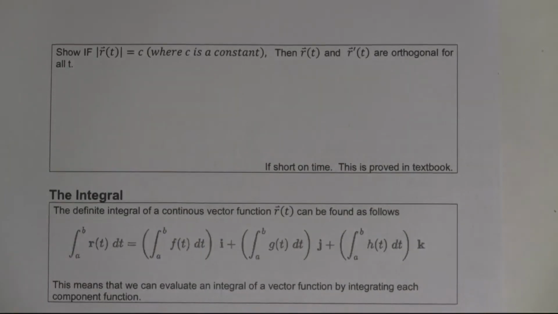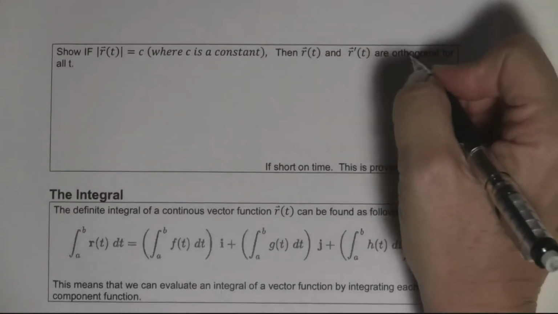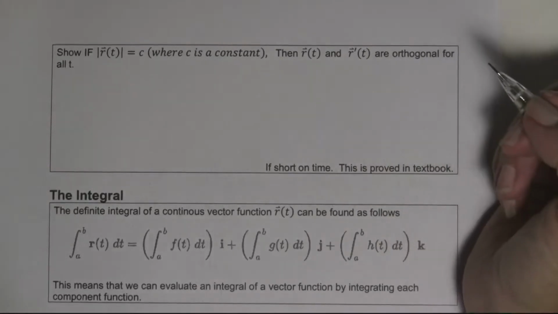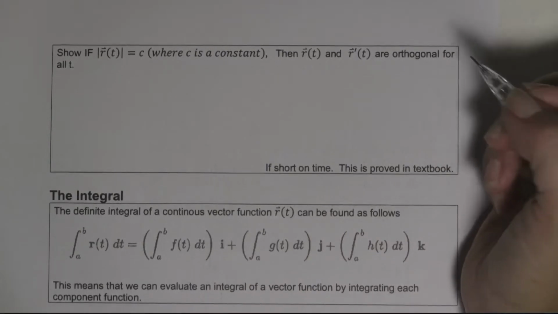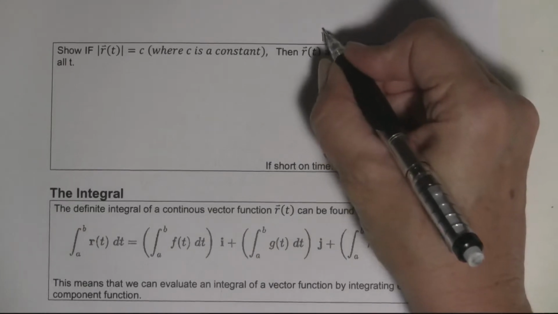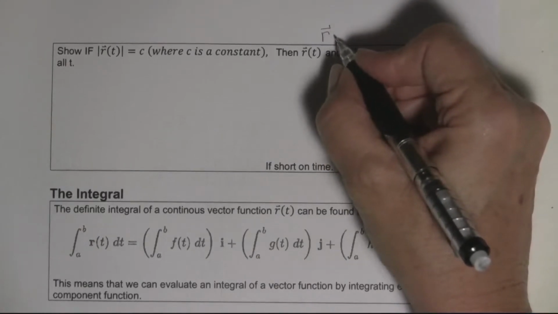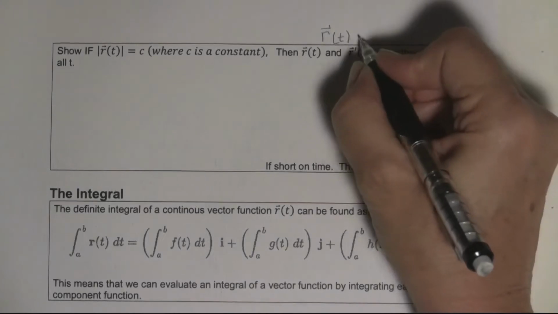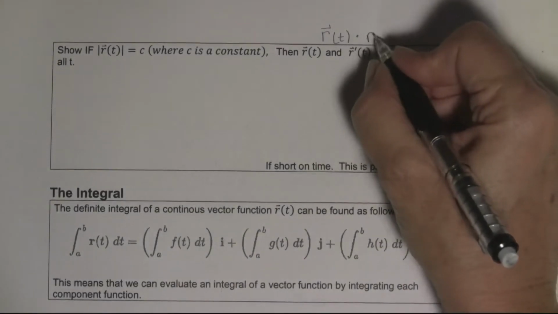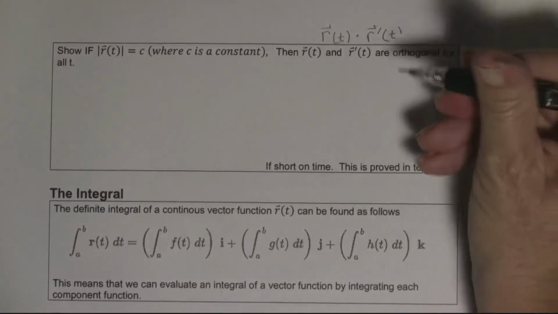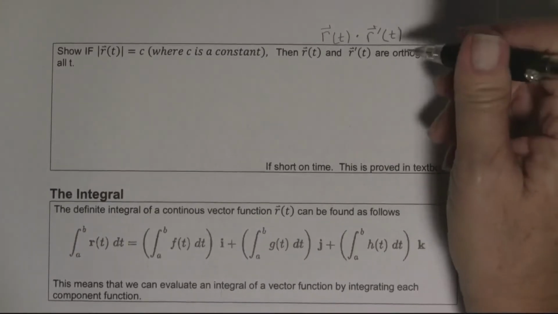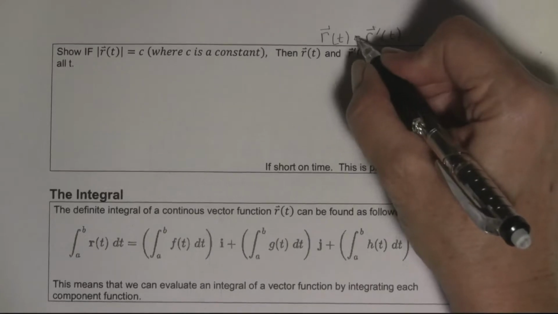Now, if I want to show that these two things are orthogonal with one another, what would I have to show? I hope you're remembering back to your dot product. I would have to show that the vector r at t dotted with the vector r prime at t equals, what would I have to show that it equals if I dot them together and they're orthogonal?